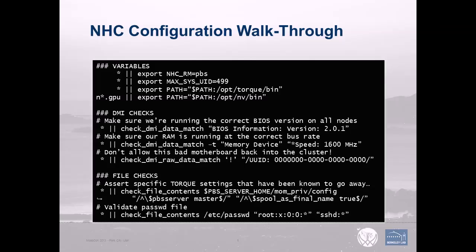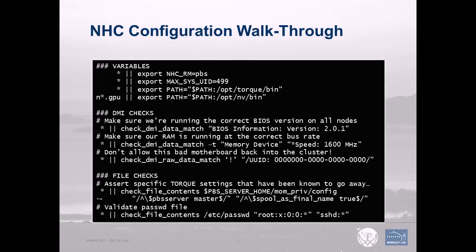And we've had situations where a node will boot up and it will say PBS Server localhost, and it'll start trying to talk to itself, which is not good for users, not good for jobs. So I came up with the idea of, hey, let's write a check to look at the torque config, make sure it's what it should be.